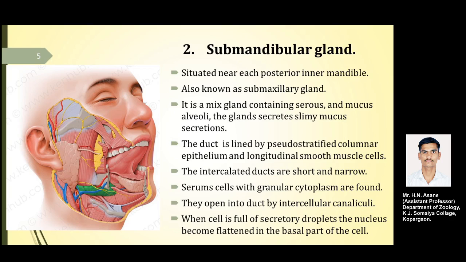The base of these mucous alveoli, the acini or concentric groups of cells, secrete granular cytoplasm, as well as these capped cells, also known as demilunes. The secretions by the serous cells open into the duct by an intercellular canaliculi, which means from one cell to another cell, and from that group of cells to the duct.